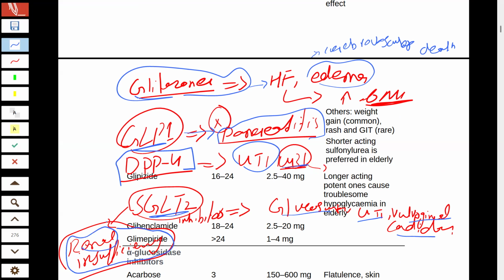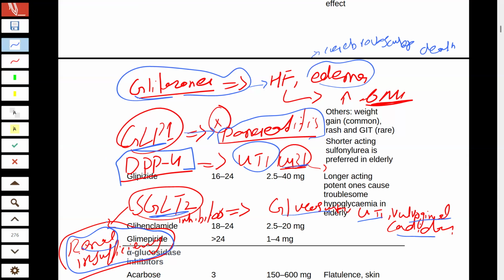So if the patient already has a renal problem, avoid SGLT2, sodium glucose co-transporter inhibitors, like canagliflozin, dapagliflozin, empagliflozin. So in case of renal insufficiency, or if the patient has glycosuria, UTI, or vulvovaginal candidiasis, avoid these drugs in this group of patients. And DPP4 also causes UTI and upper respiratory infection.